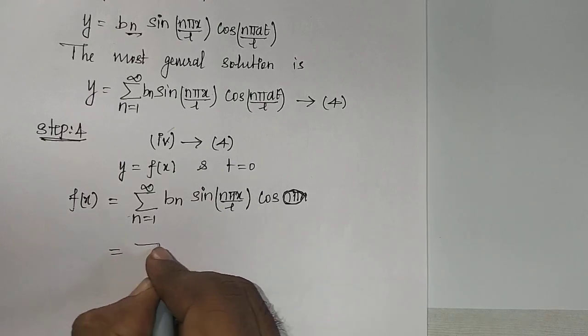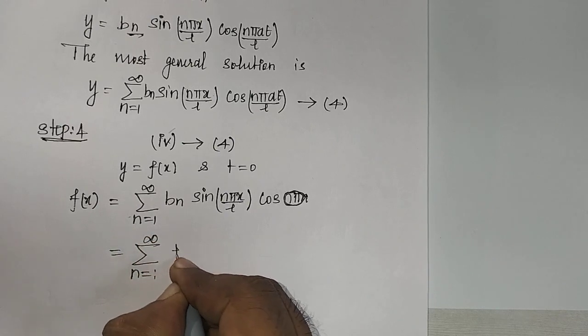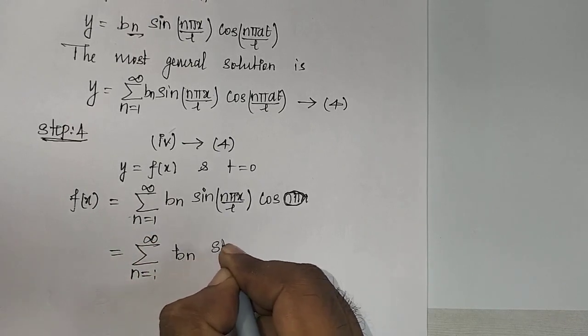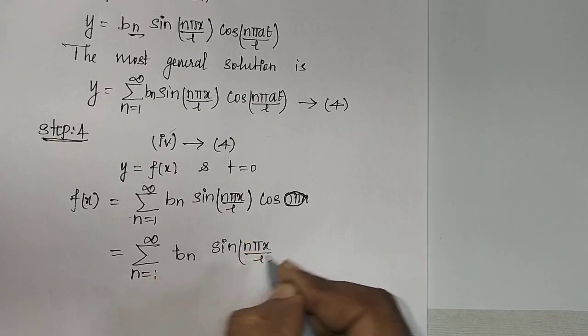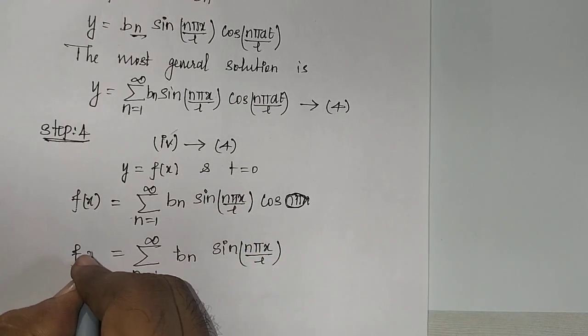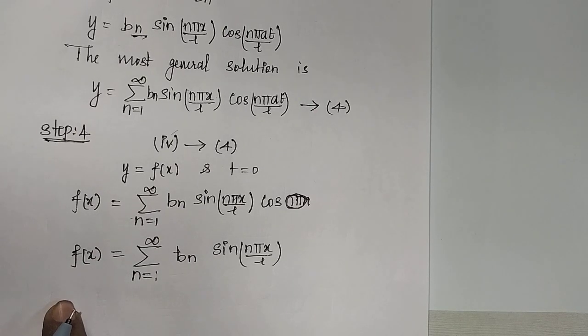So I am writing sum of n equal to 1 to infinity bn sin n pi x by L, and left hand side f of x. Already I told you this f of x depends upon your problem.